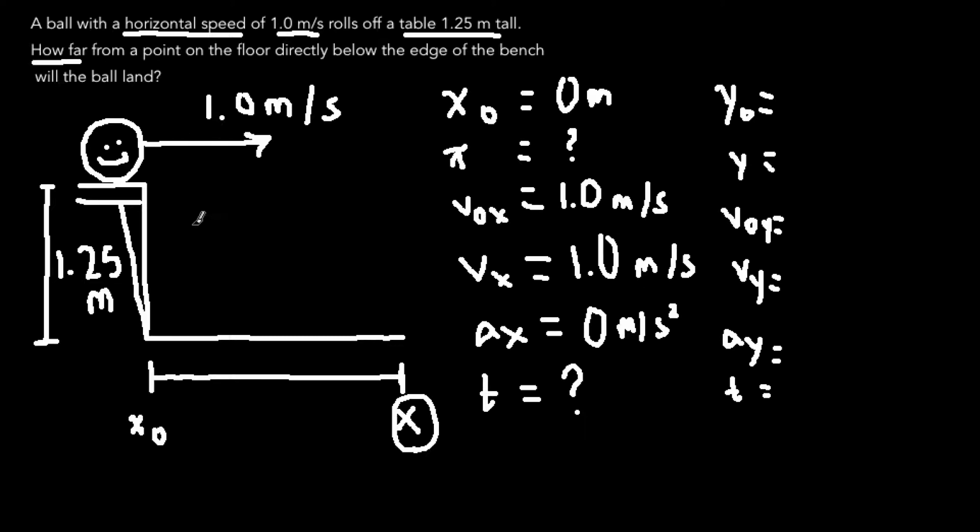The ball always has gravity acting on it. So its acceleration in the y direction is always 9.8 meters per second squared. But you have to make sure that the sign is consistent with what you're actually saying. What do I mean by that? Well, if I say that this ball is accelerating 9.8 meters per second squared, I want to say that the ball is accelerating this way, right?